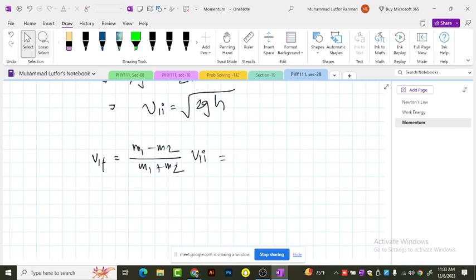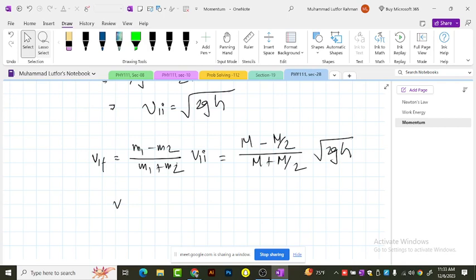So m1, actually that bigger mass, minus m2, actually the smaller mass, which is m by 2, divided by m plus m by 2, into root over twice gh. From here you can find out what would be that case actually.